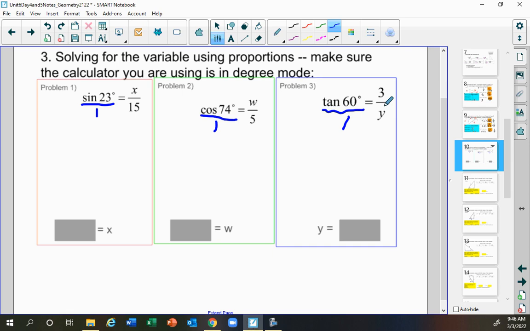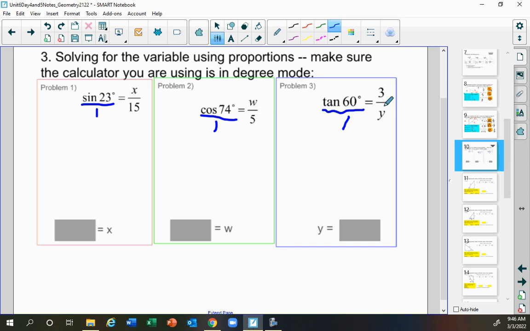On your calculator, did you find the sine button? Did you type in 23? What number did you get? Hold on, let's start again.